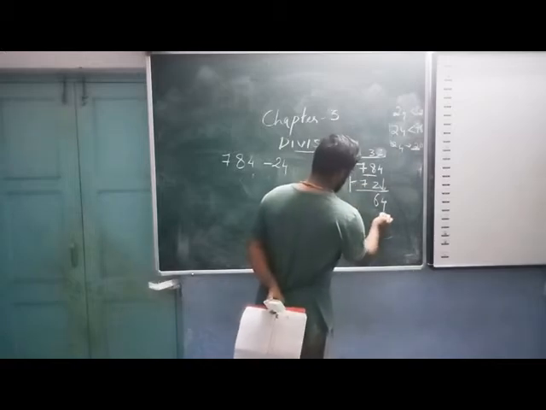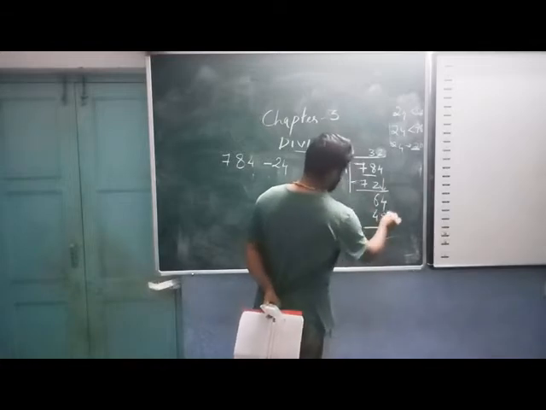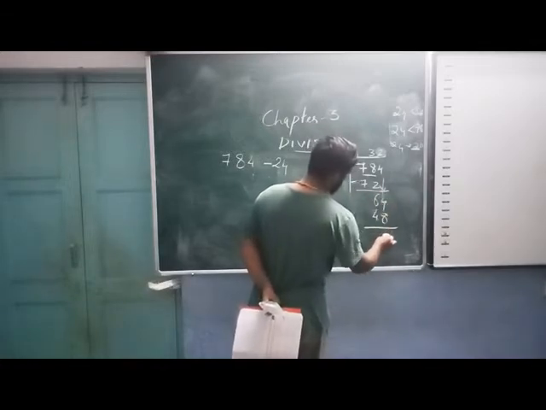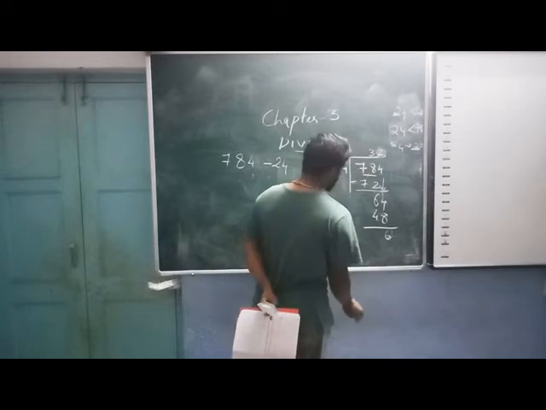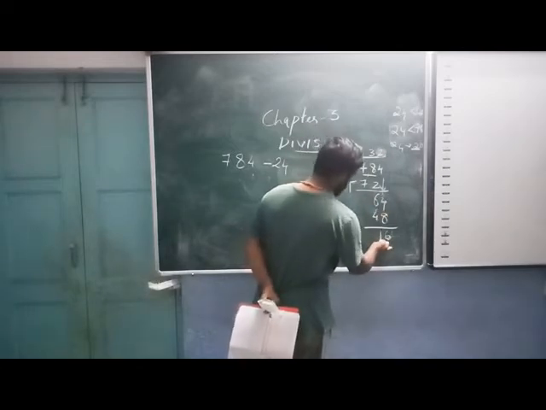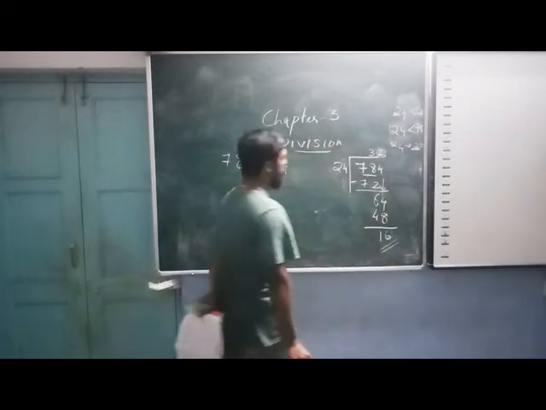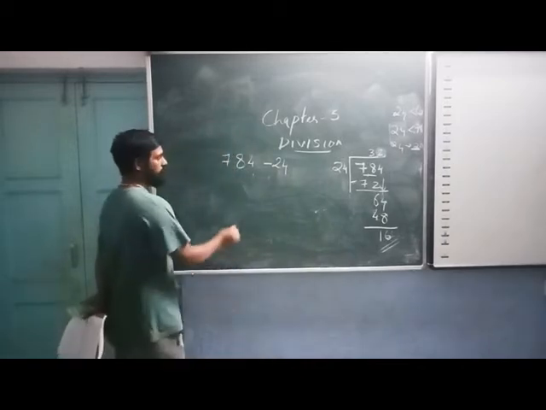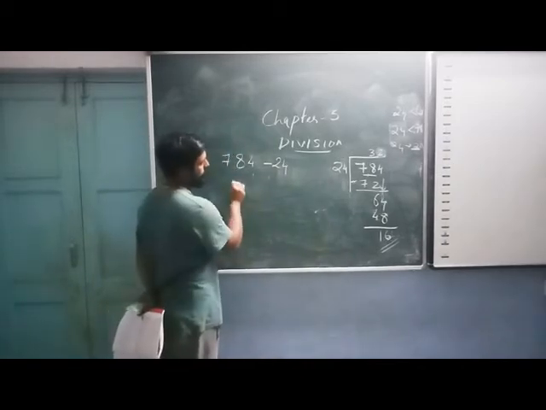4 2s are 8, 2 2s are 4. So how much does it become? We borrow 1 here. So this becomes 6 and here it is 16. So it ends here. The same way, now let us see how we multiply that.